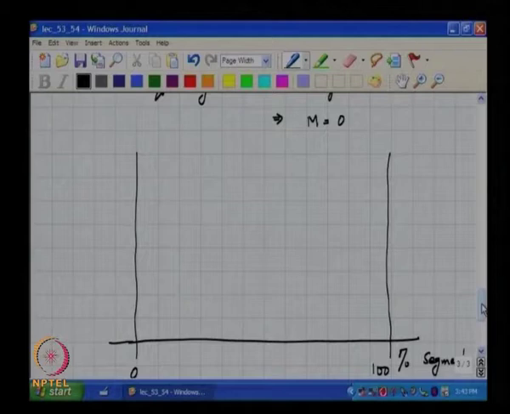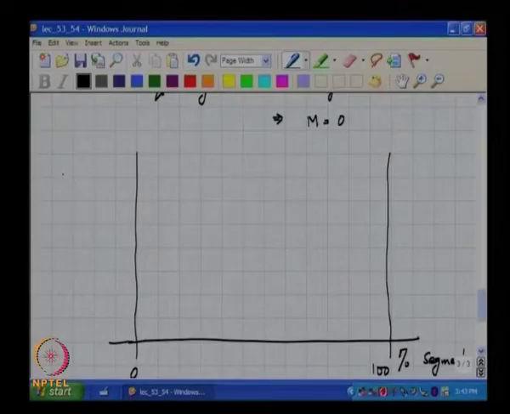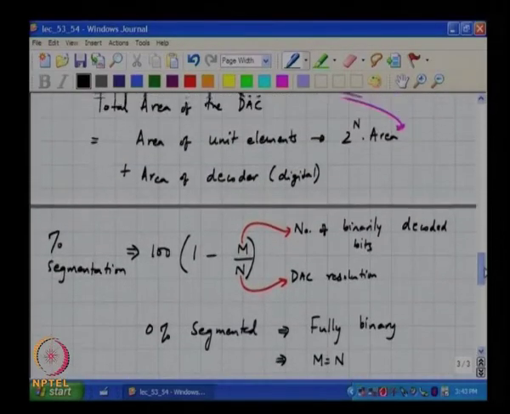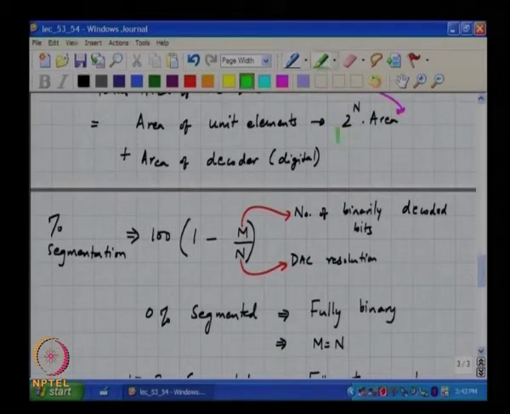So, to achieve a given sigma INL, let us plot the area of the unit element, which also is the analog area to or within a constant. Please note that for a given resolution, this 2 to the n is a constant. So, the area of the unit element multiplied by some constant number gives you the total analog area.